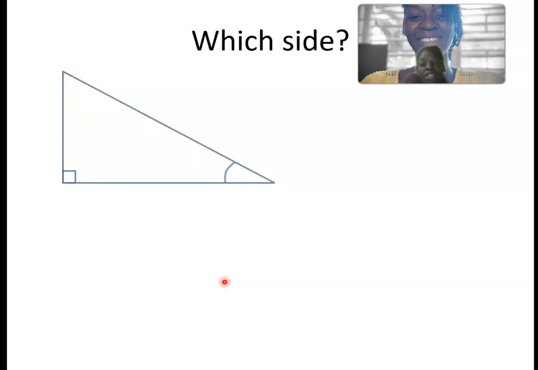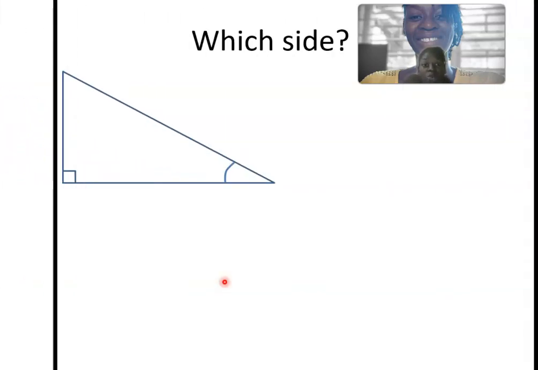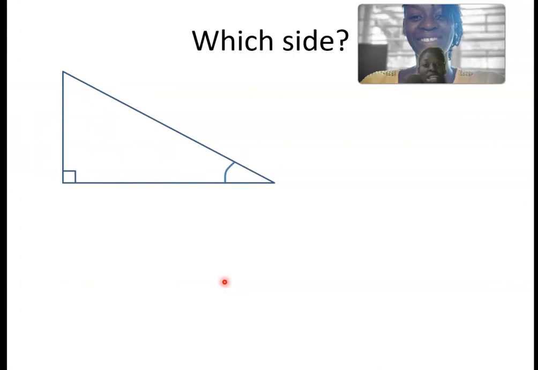Alright, so let's look at this triangle. It is a right angle triangle, which is very important because we use the trigonometric ratios with right angle triangles. We have side A and B. Here is the angle, the acute angle. How would you label side A? Yes, that is correct. It is the longest side on the triangle, so it is the hypotenuse.